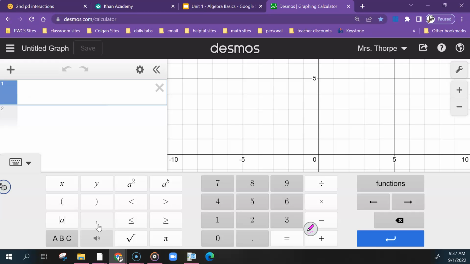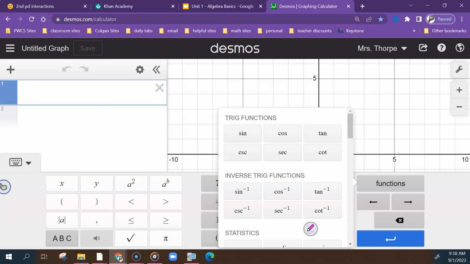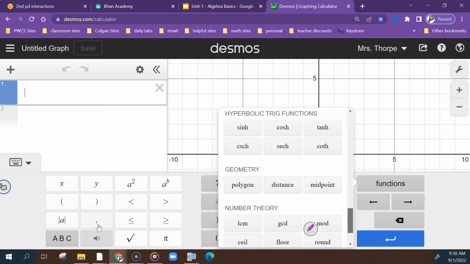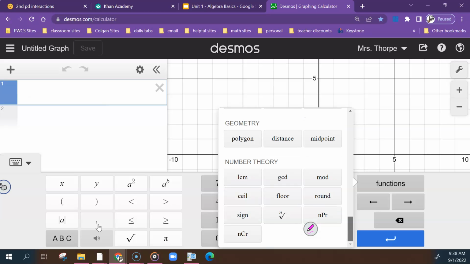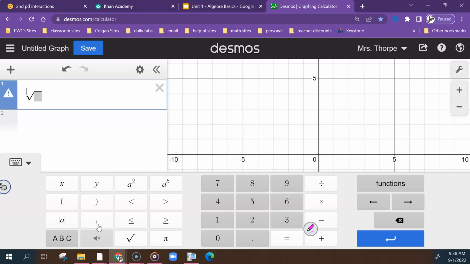What else? Square root is right here. Cube root you have to find though. If you go into functions and scroll all the way down, there's something that looks like a cube root but has an N. If you put that in, it'll leave a blank space and you can put 3 up there for the cube root. And then whatever else. You can evaluate on Desmos just like we did in the calculator. Fractions, use your dividing button.